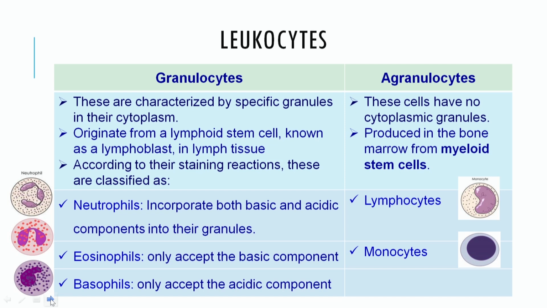Neutrophils incorporate both basic and acidic components into their granules, whereas eosinophils only accept the acidic component of the stain. Basophils only accept the basic components. And agranulocytes are lymphocytes and monocytes. In lymphocytes, the nucleus fills the cell completely and very little cytoplasm is there. In the monocyte, the nucleus is a little bit kidney shaped.